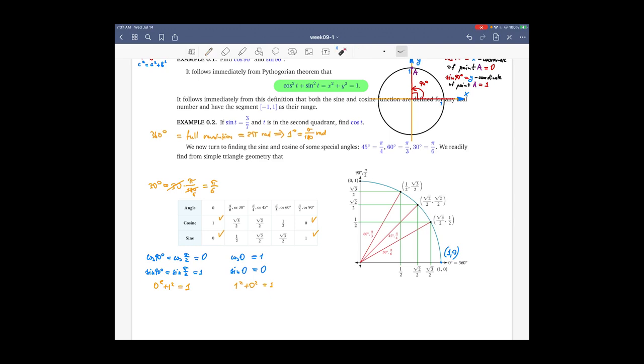Likewise, why is pi over 3 60 degrees? Well, from the same argument, if you want to translate radians to degrees, I see from here that 1 radian is 360 over 2 pi, or 180 over pi degrees.